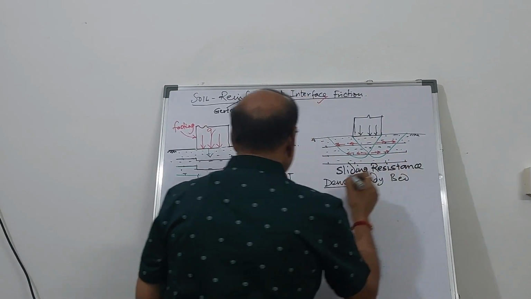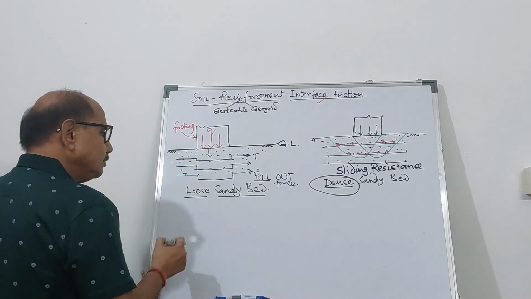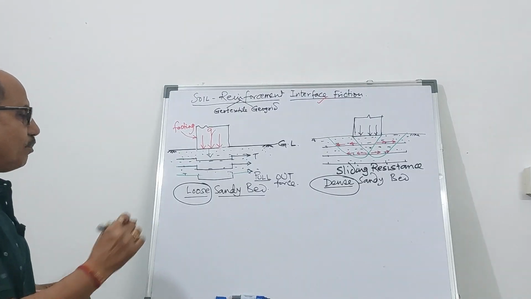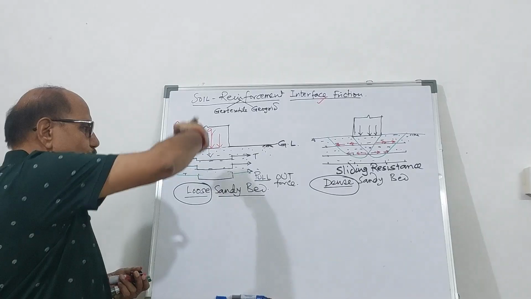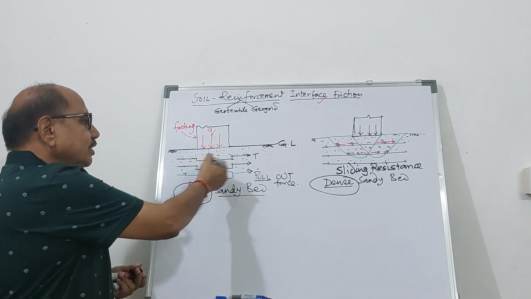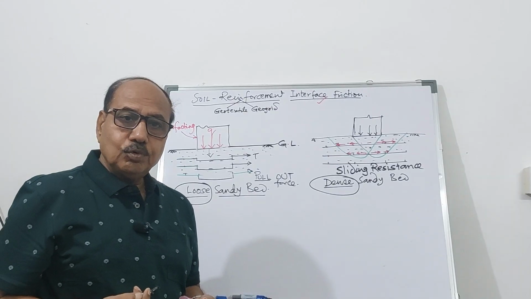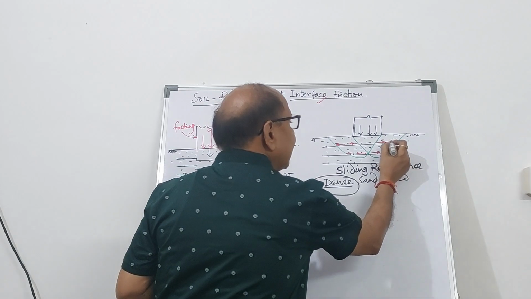So the mechanism is different in a dense bed compared to the loose bed. How are the particles going to move? Here the particles are going to move in the downward direction, resulting in the development of the pull-out force. Whereas here the particles are moving like this.